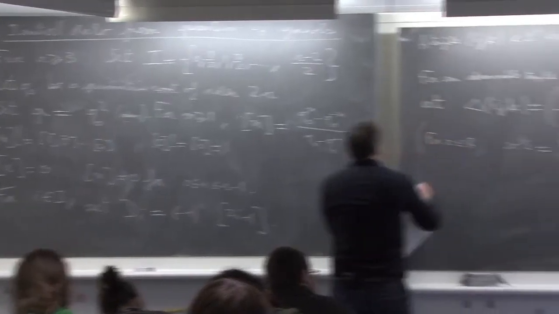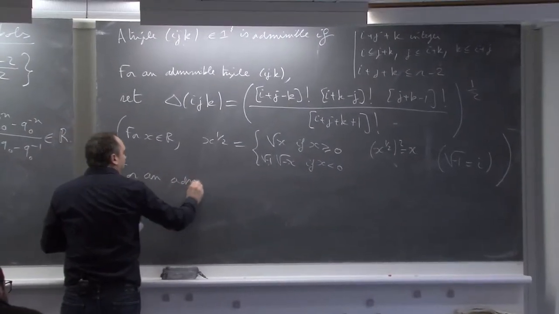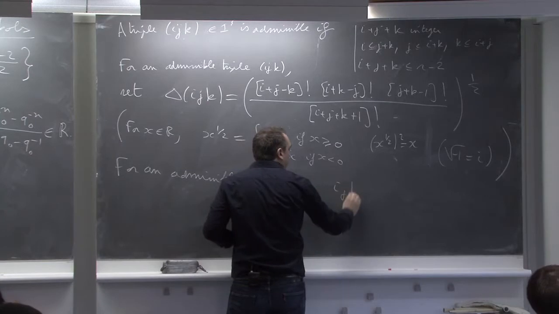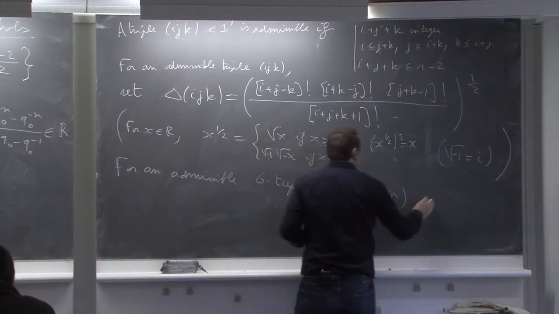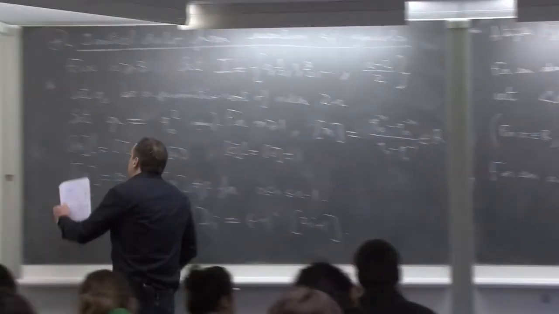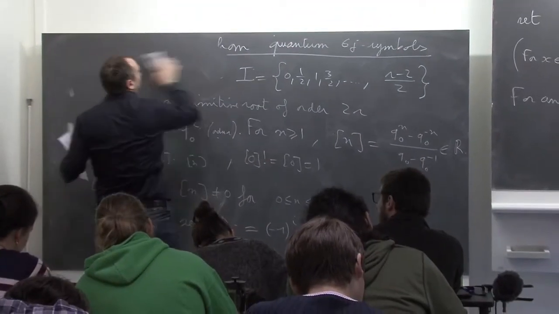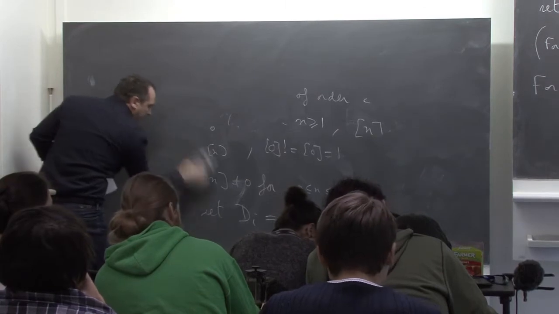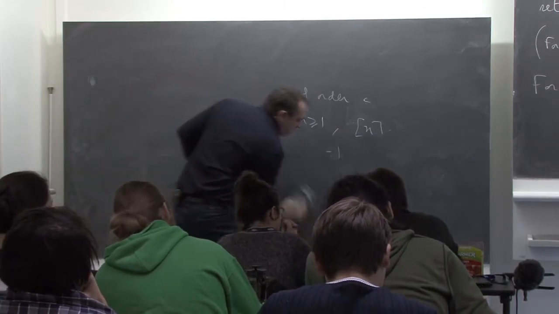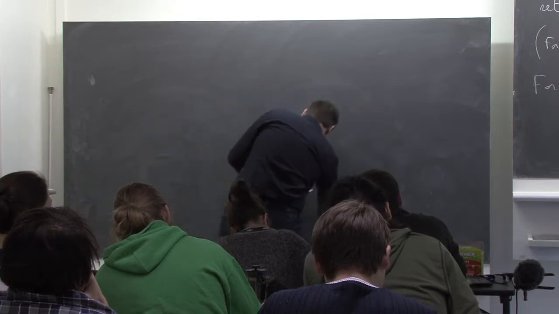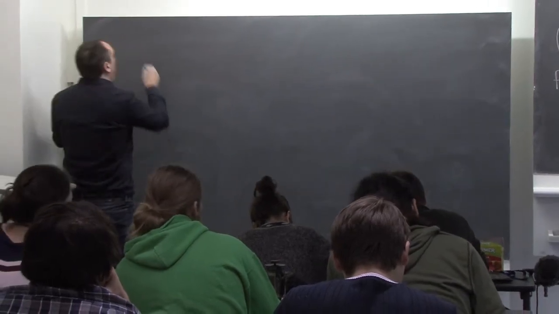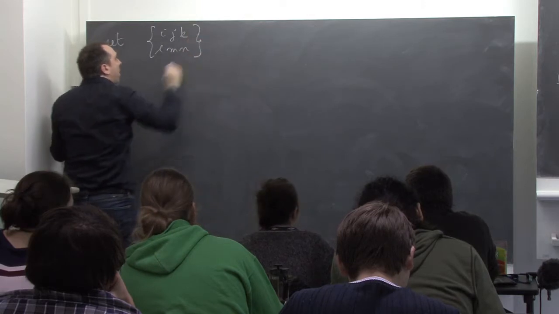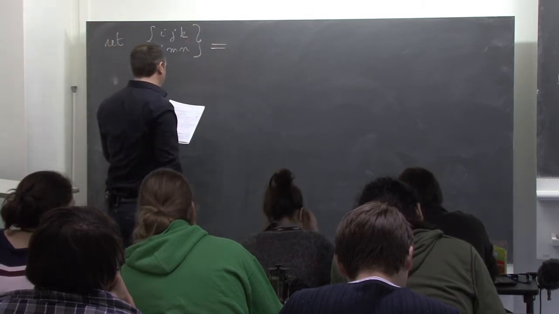Now, for an admissible 6-tuple i, j, k, l, m, n, we set the 6j symbol to be this one.